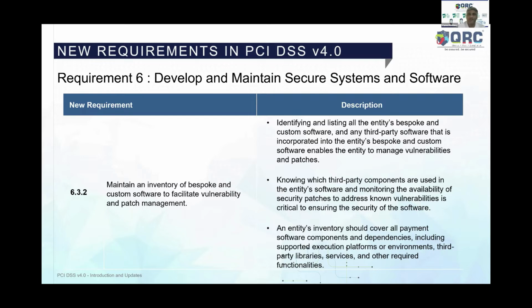But now you have to maintain the inventory: what kind of custom software you are using within the organization, and how you manage the vulnerabilities there. This is also a new requirement.